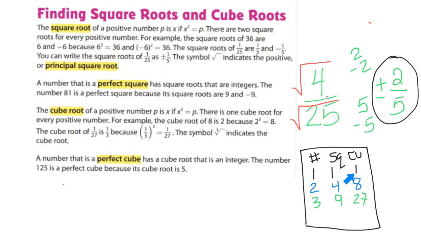We'll go down the cube column. There's the 27. What's its root? 3. And you can have this paper and you can reference it all the time. Or every time you have a problem with cube roots or square roots, you can work them all out every single time. Me, I think having a reference paper is so much faster.